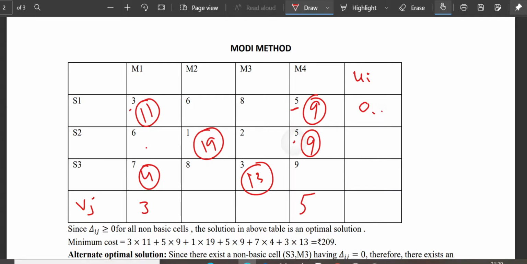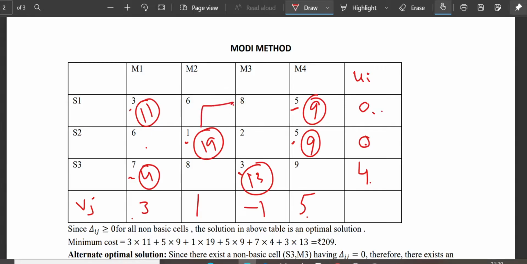Come to this 5, because you have to move only on the circles. 5 minus 5, 0. Come to this 1, 1 minus 0, 1, right? Come to this 7, 7 minus 3, 4. Come to this 3, 3 minus 4, minus 1. This is how ui and vj are calculated.